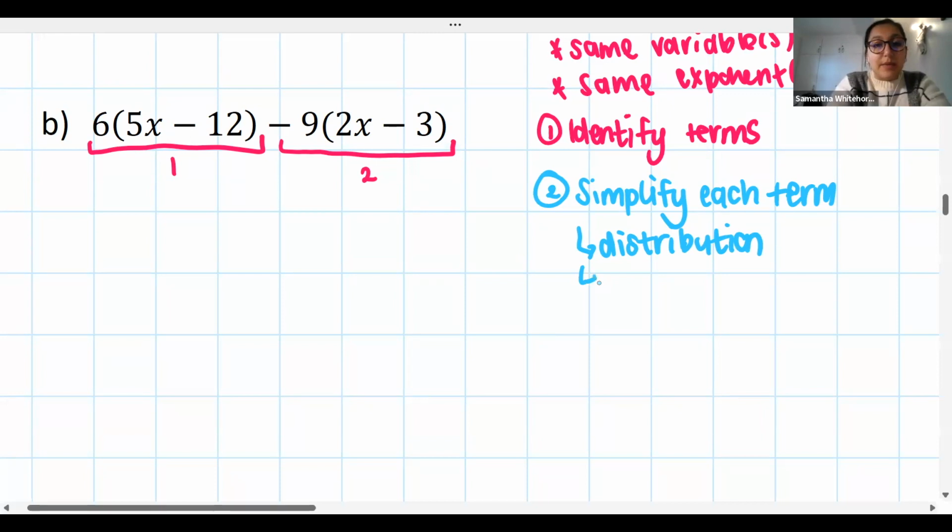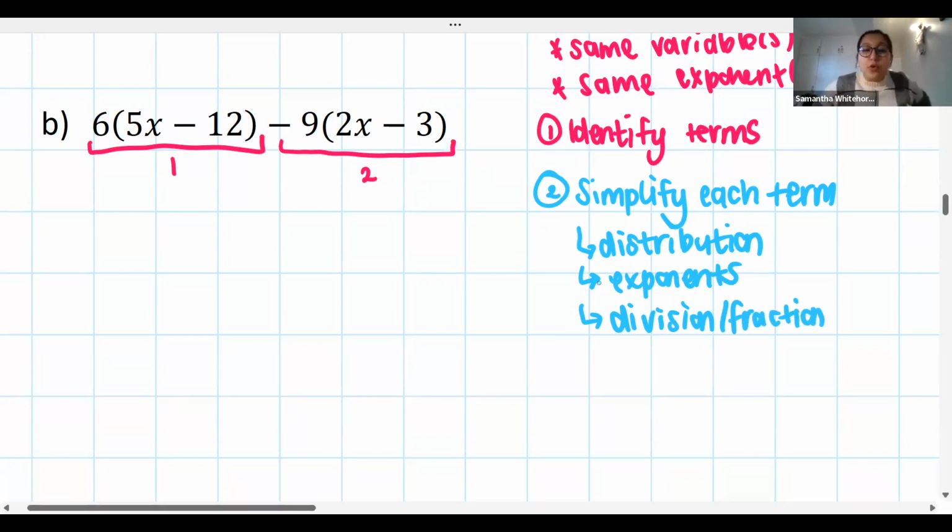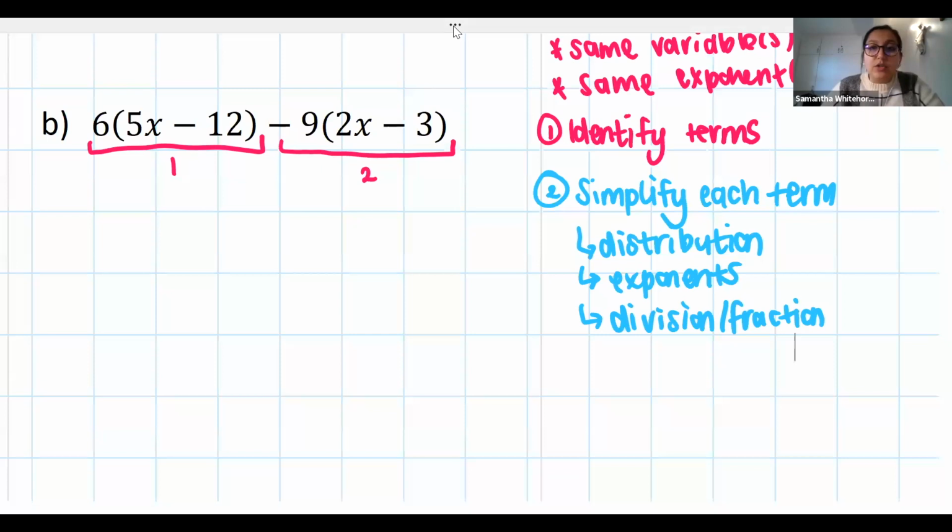It depends on the question, we might have to deal with an exponent or exponents. And we might have to deal with division or with a fraction. Okay, so when you are simplifying each term, when you're on your second step, those are the things that you're looking out for. You're looking to see, can you distribute? Is there a square that you have to deal with? Is there a fraction that you need to simplify? That is what we're doing in the second step.